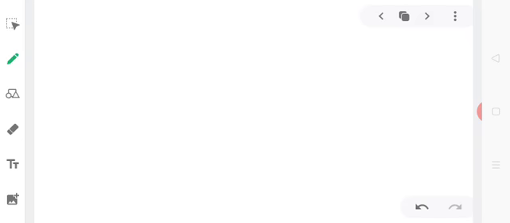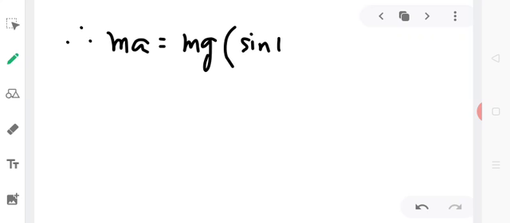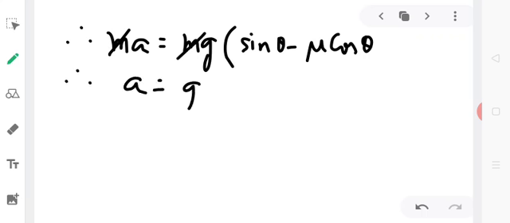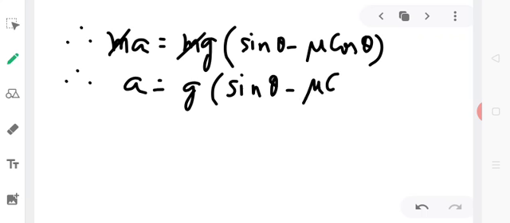So therefore, m into a, if we take out mg as common, we will get sin of theta minus mu cos of theta, and cancel out m, and therefore we get the expression for acceleration as g times sin theta minus mu cos of theta.